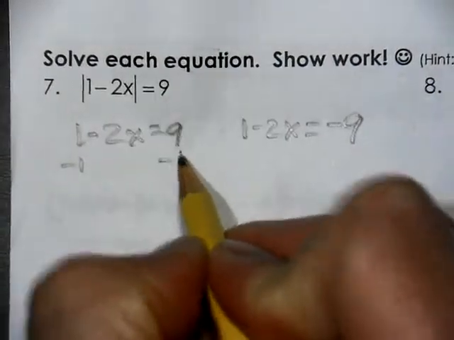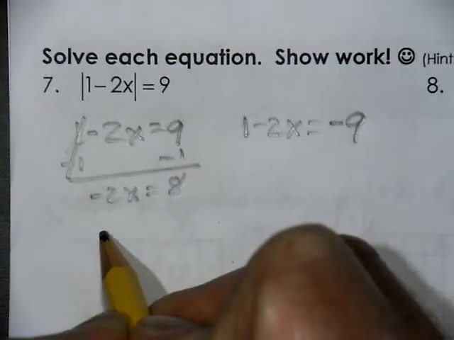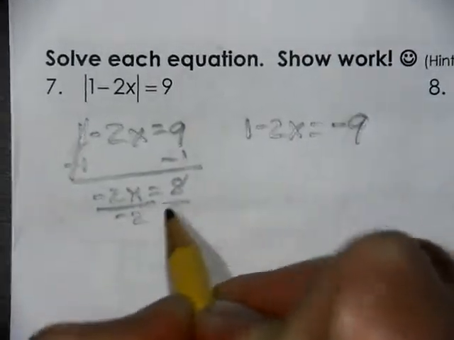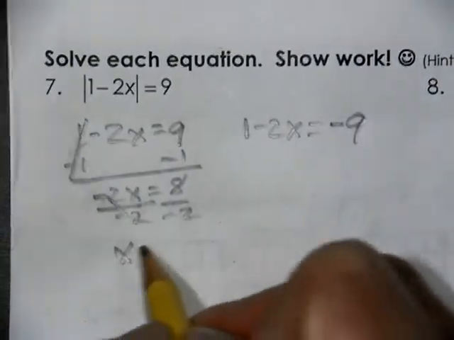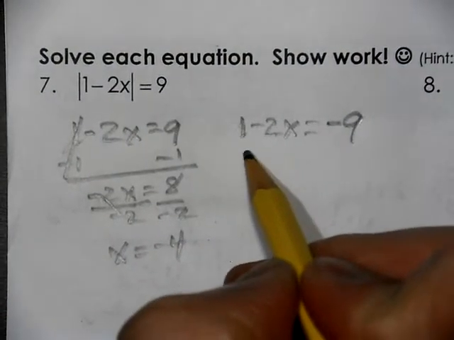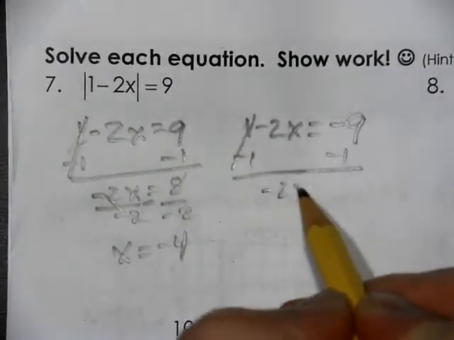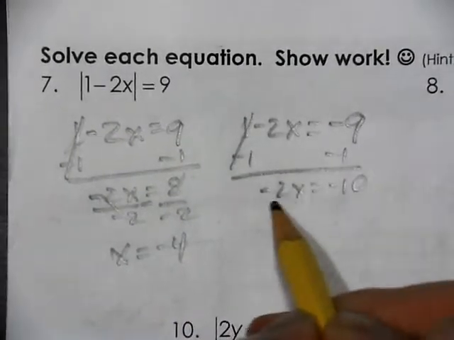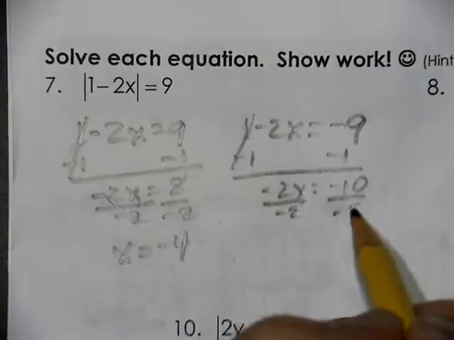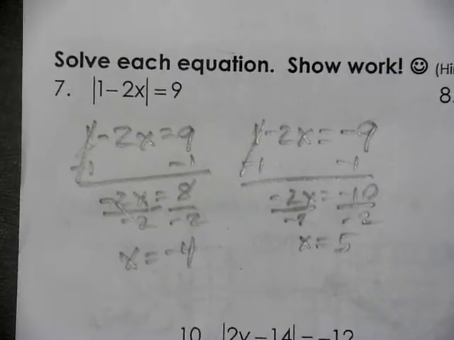So we'll subtract and divide by the negative 2. We get negative 4, and x equals 5.